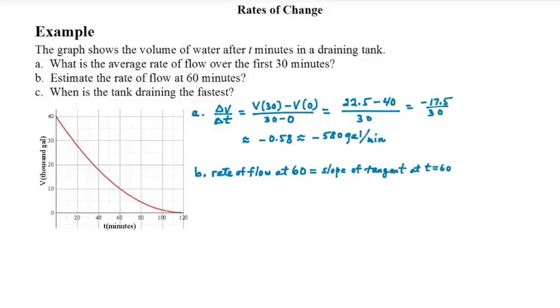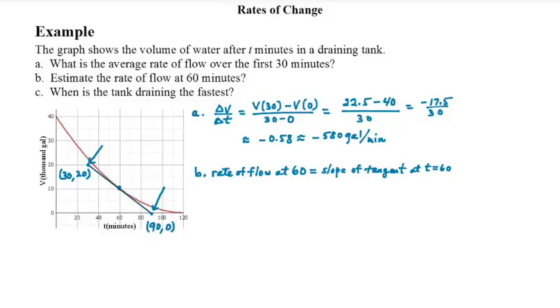So I'm going to draw a tangent line segment to the graph at t equals 60, and then I'm going to use the endpoints of that segment to estimate the slope. So at the left end of that segment, the coordinates of that line are at 30, 20, and at the other end they're at 90, 0.